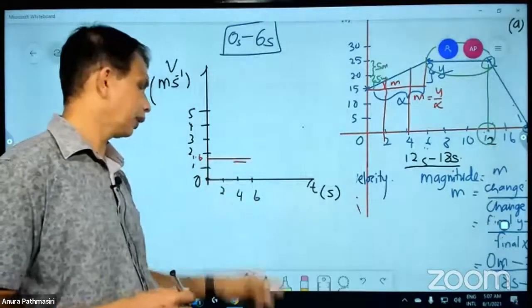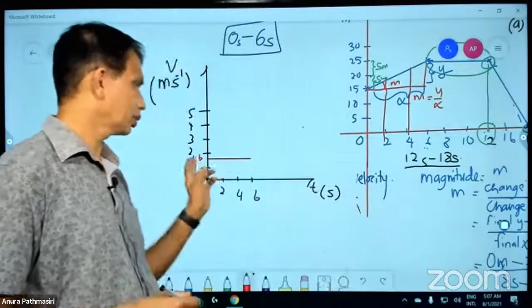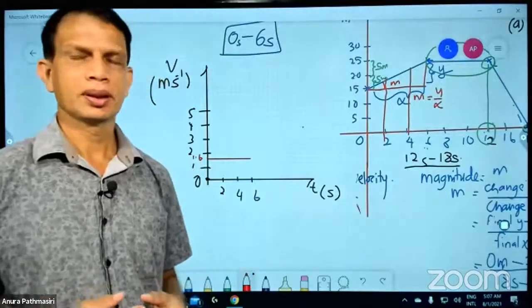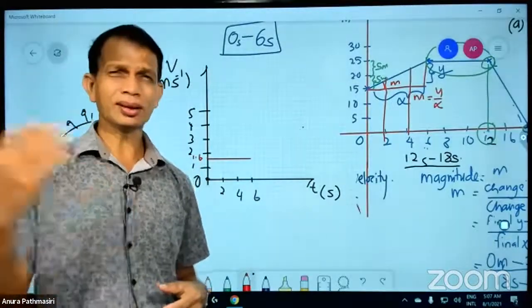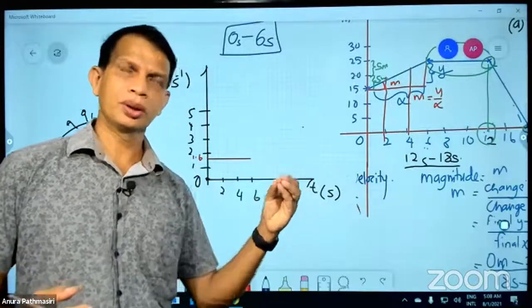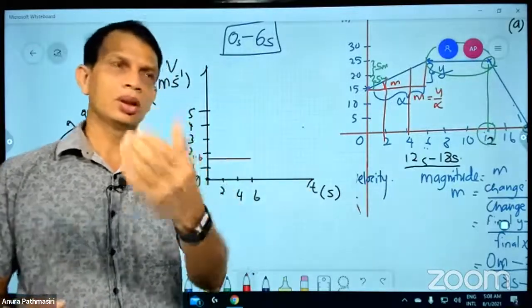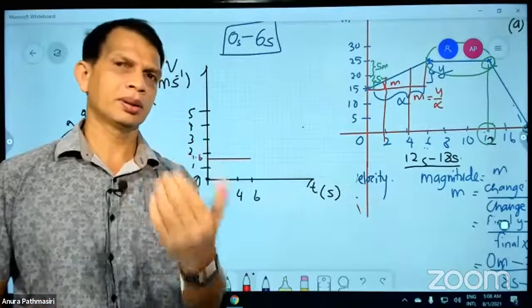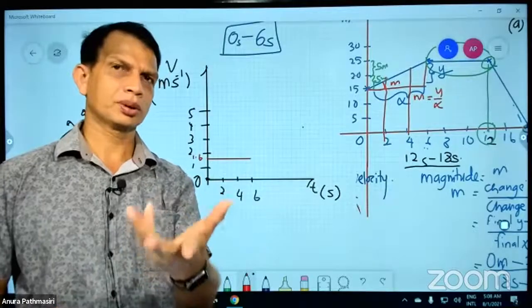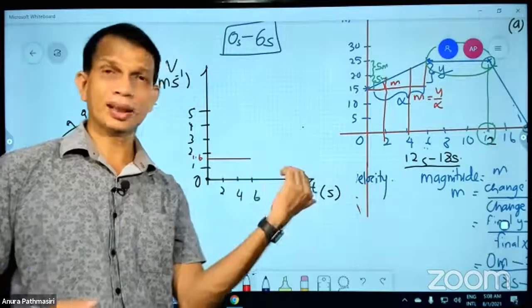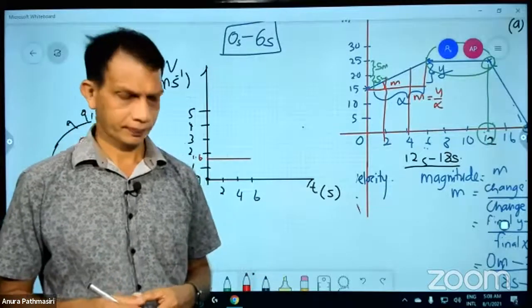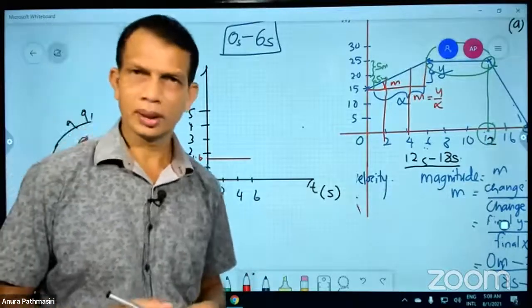Is there a force towards the motion, a resultant force in the opposite direction, or is the resultant force 0?